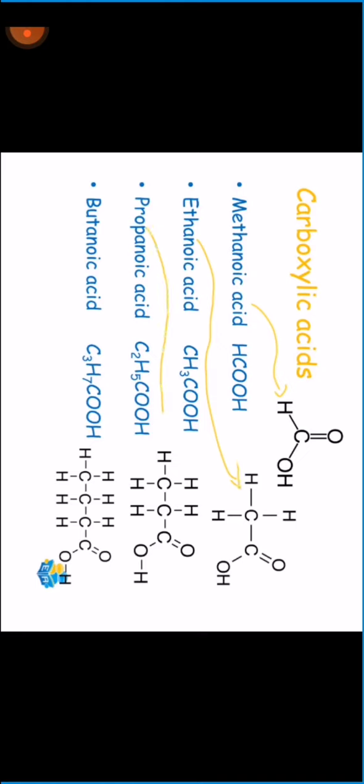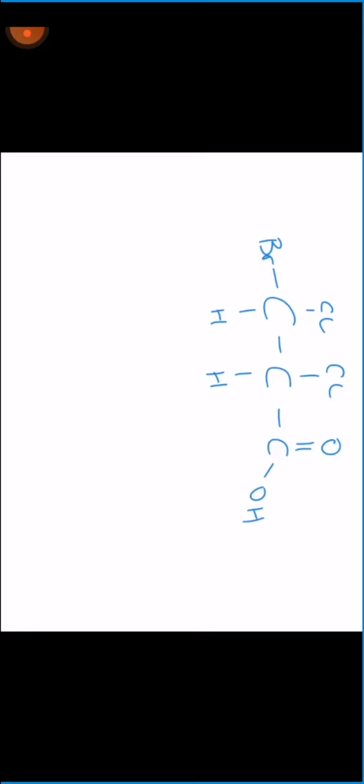Propanoic acid is 3, and butanoic acid is 4. And as you can see in each of our chemical formulae, we have the COOH on the end of all of them, and attached to the COOH then is either an H or a CH3. So the blue part is the non-polar part of your carboxylic acid, and the yellow part is the polar part.